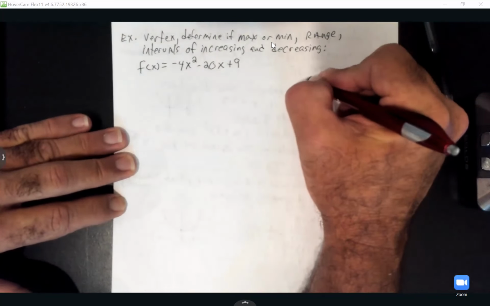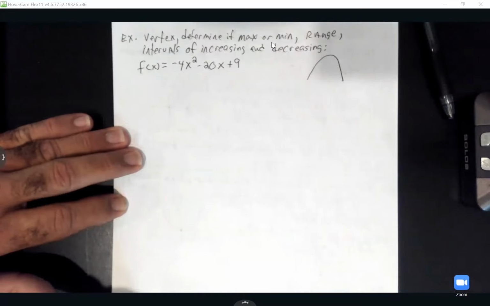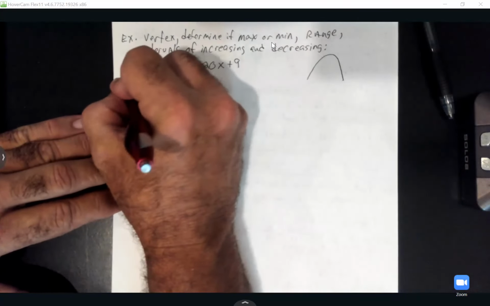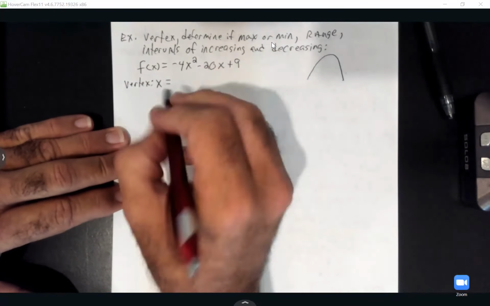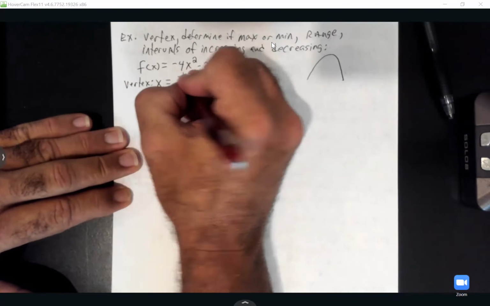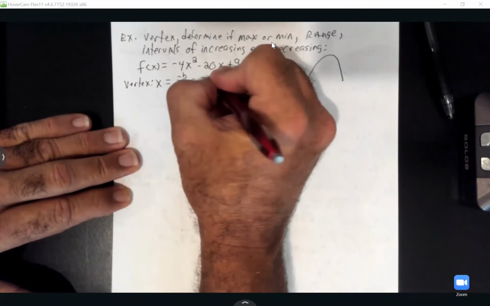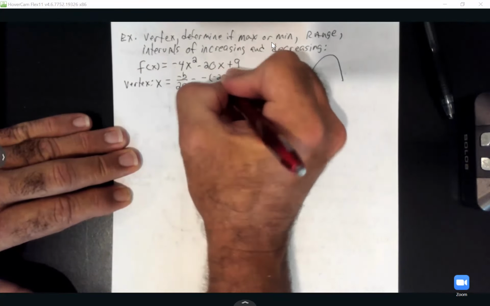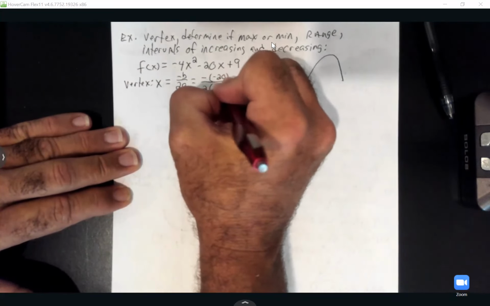That means this graph is going to flip over. So y'all, let's play with the vertex first. And let's get that x value. That's going to be negative b over 2a. That's going to be a negative times negative 20 over 2 times our negative 4.